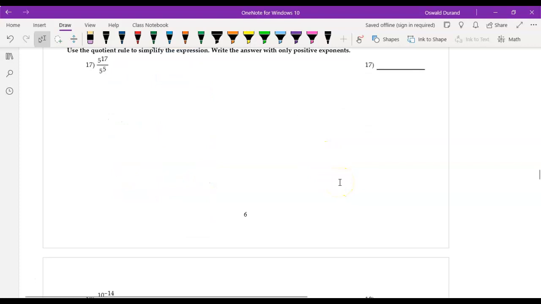Let's move on to what we call the quotient rule. The quotient rule is kind of the same thing as the product rule, but now we're dividing. So I can put a to the power of m over a to the power of n.